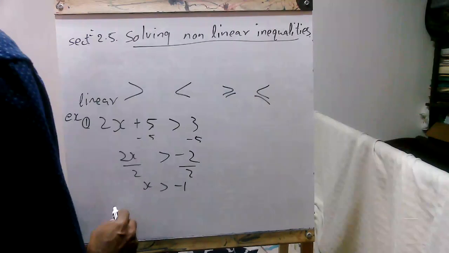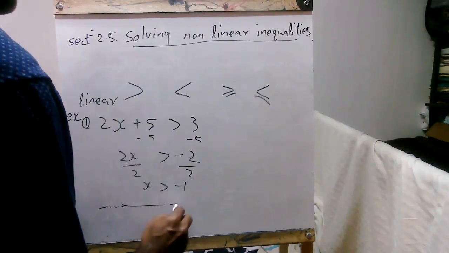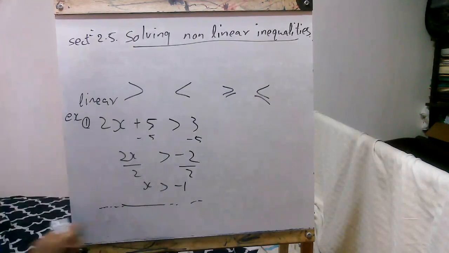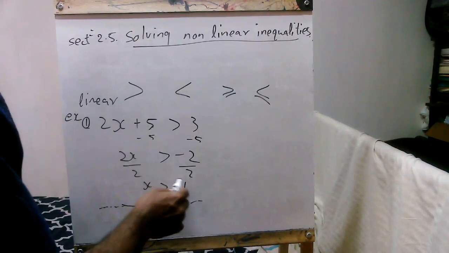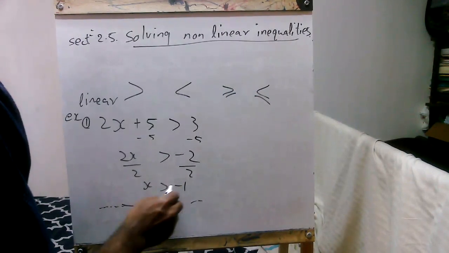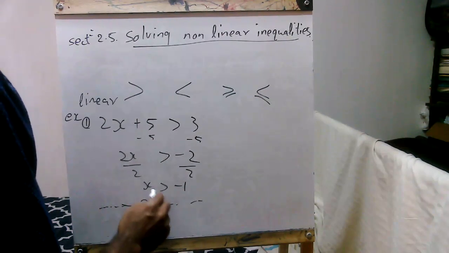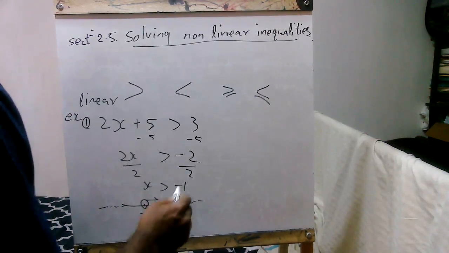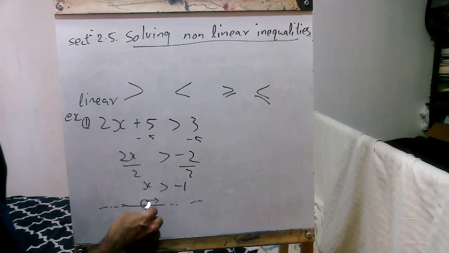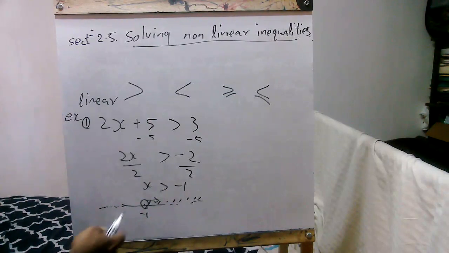Then what you do is you do the number line. This is the number line going from negative infinity to positive infinity, all real numbers. You mark only this number, negative 1. X is greater than negative 1, meaning greater than is always to the right. This means from here all the way to positive infinity, all numbers.